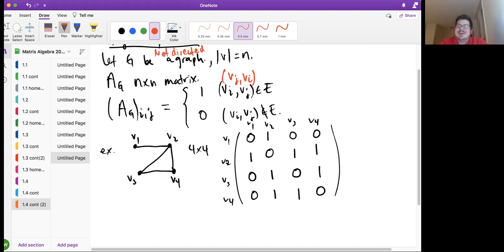Oops. Yeah, undirected. If you define it for directed, it wouldn't be symmetric anymore. But I'm not sure how you can use that, if that is used as much. But the nice thing about undirected is that you get a symmetric matrix, which is very nice.